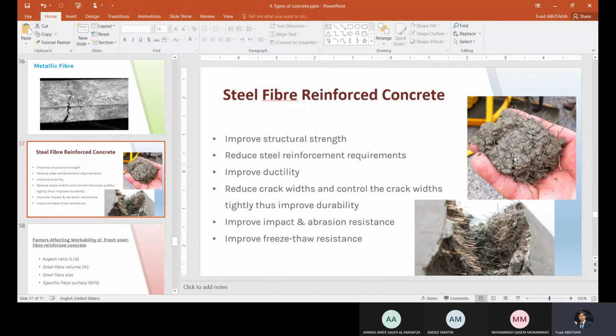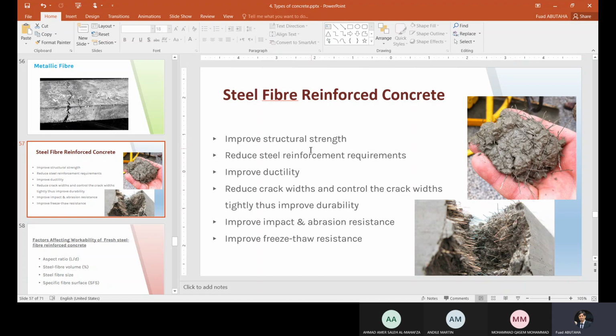So how to use fiber in the concrete? You simply add the fibers to the fresh mix of concrete and mix them with the normal concrete ingredients or materials.